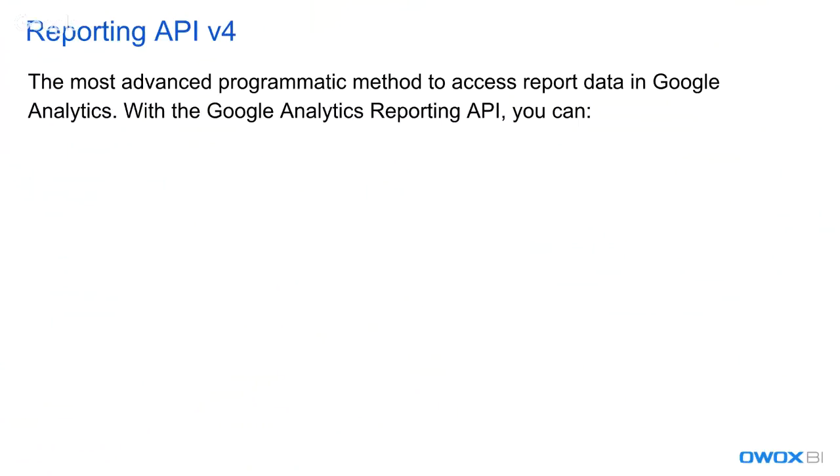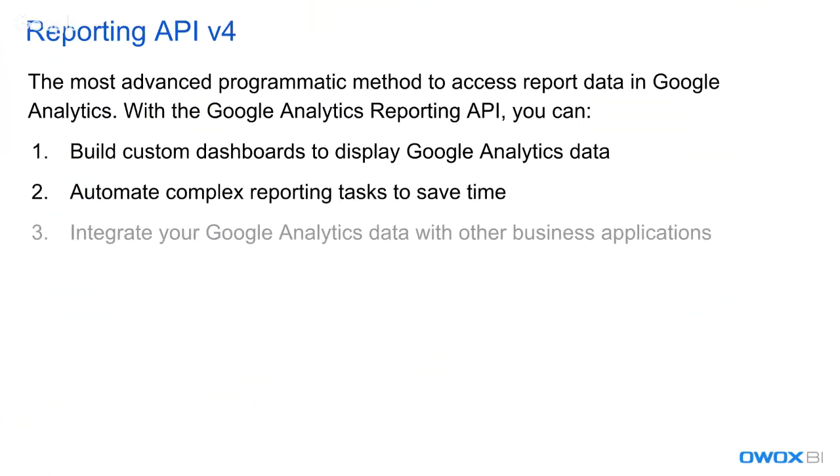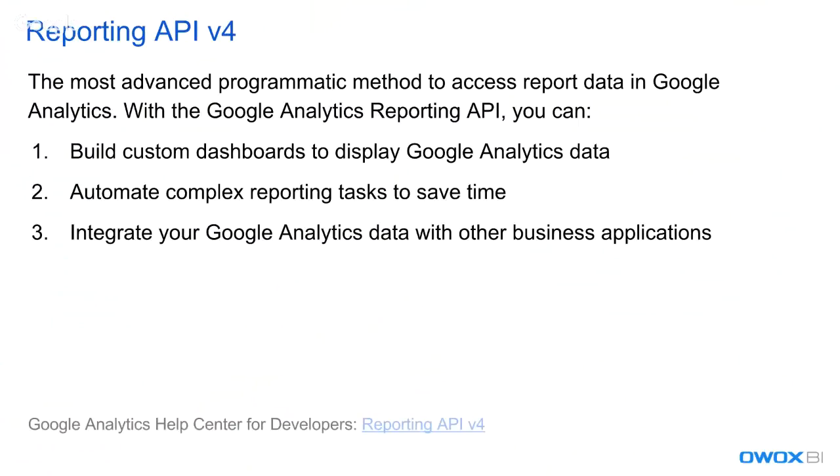With the help of this API, you can build custom dashboards to display Google Analytics data. You can automate complex reporting tasks to save time. You can integrate your Google Analytics data with other business applications. And many other tasks you can do with the help of this API.